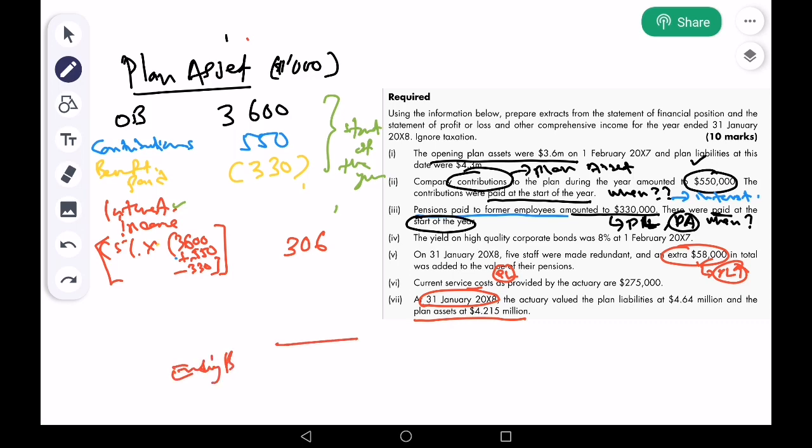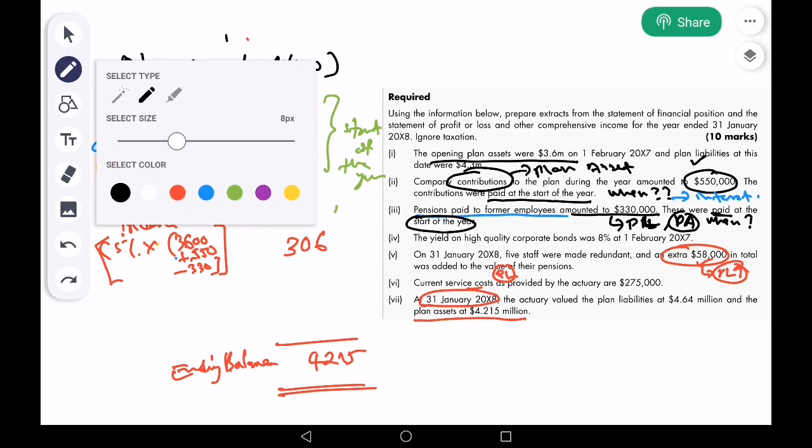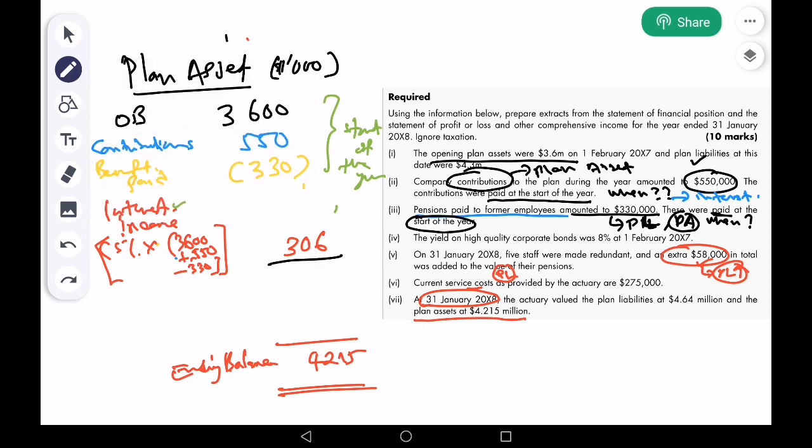Who will do this ending balance, class? Actual 4215 million. Now we try to calculate, class. What is the total for this one? Come, we calculate together. 3600 plus 550 minus 330 plus 306.